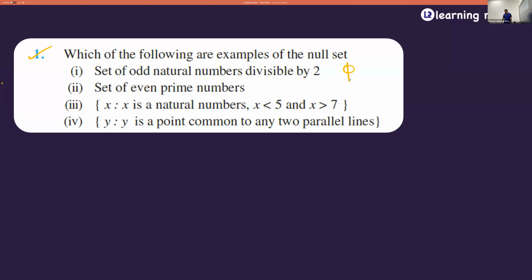Set of even prime numbers: it is not a null set. X such that X is a natural number and X is less than 5 and greater than 7. Y is such that Y is a point common to two parallel lines. You cannot have any common point on two parallel lines, so this is also a null set, right?